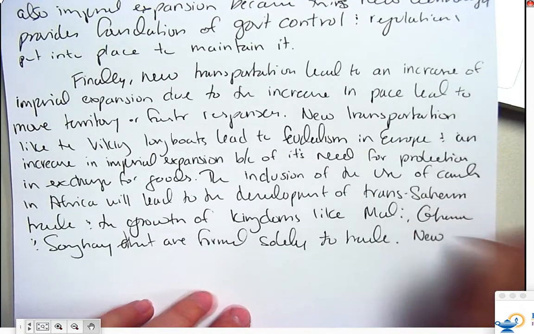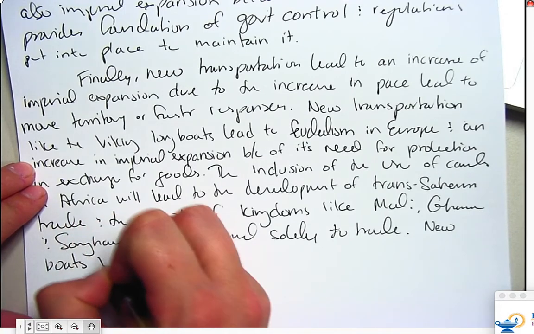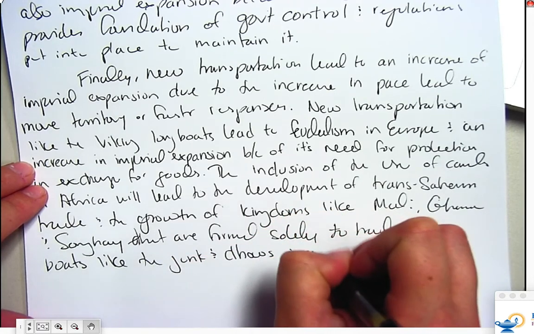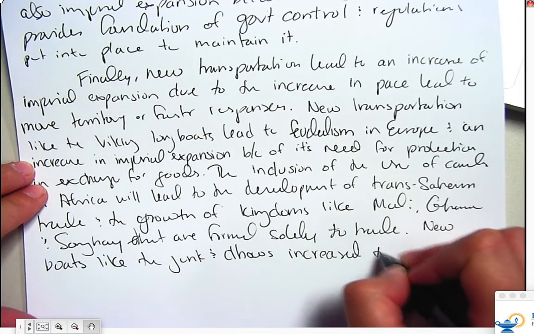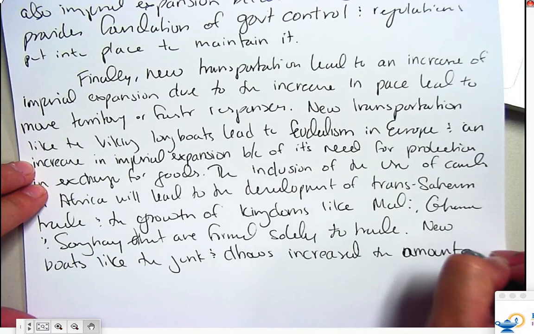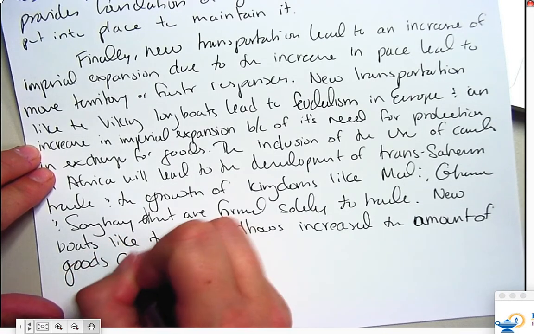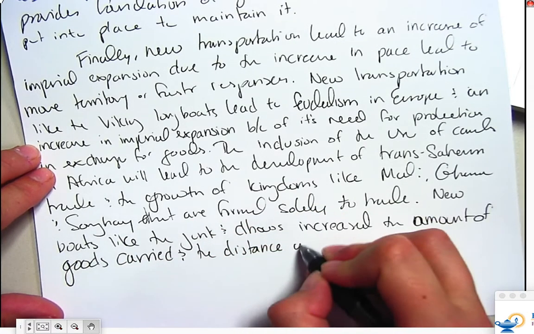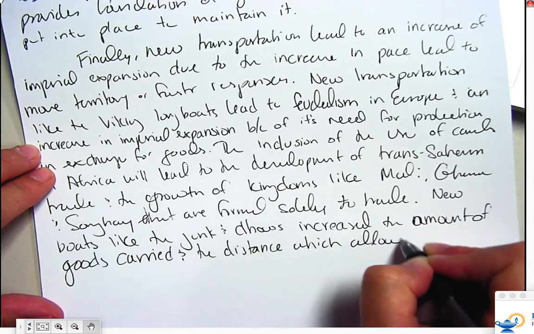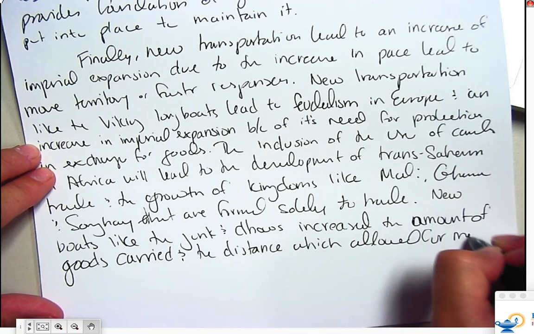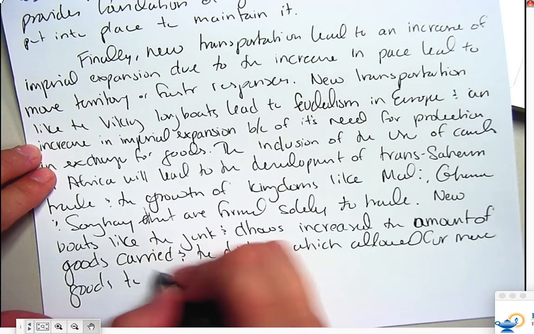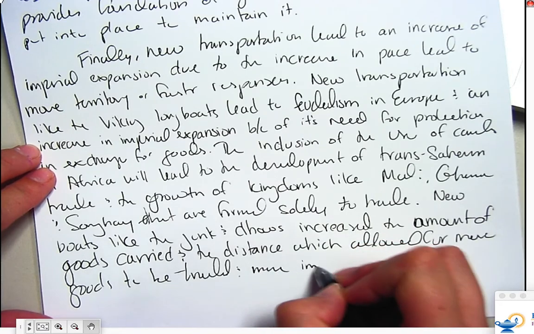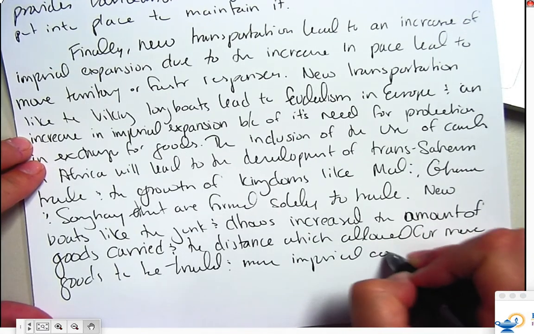New technology, new boats like the junk and the dhows increased the amount of goods carried and the distance, which allowed for more goods to be traded, more imperial control.